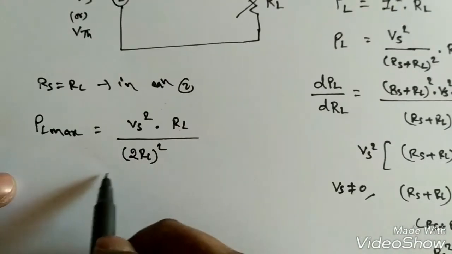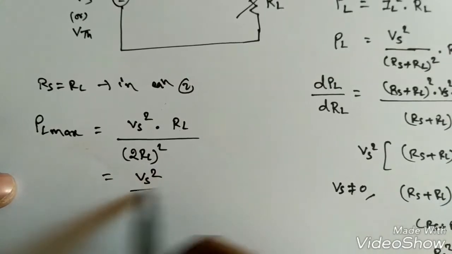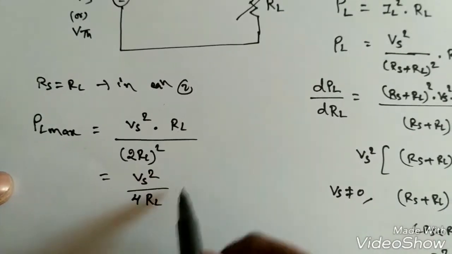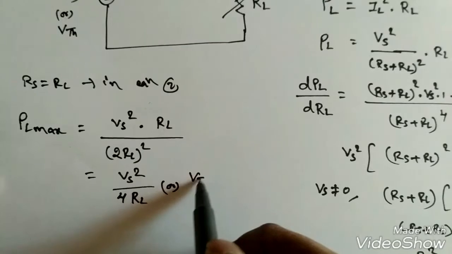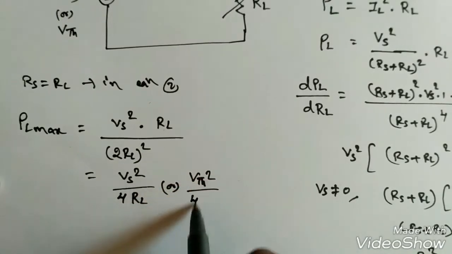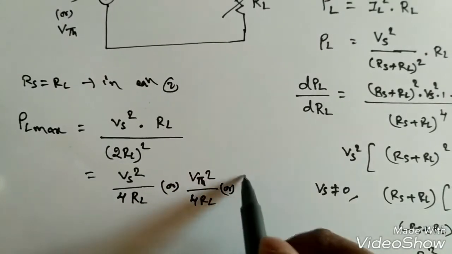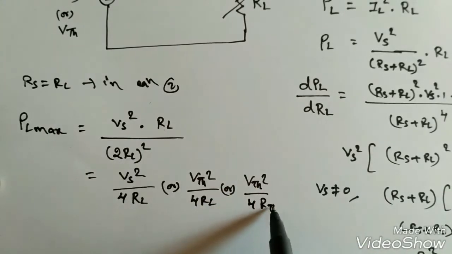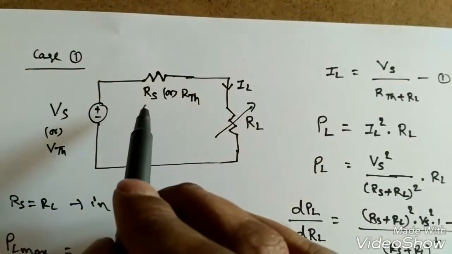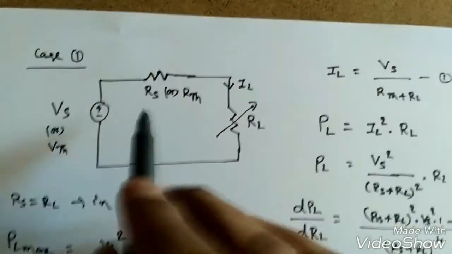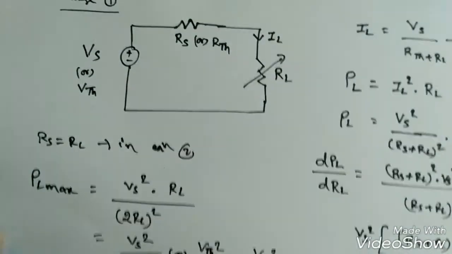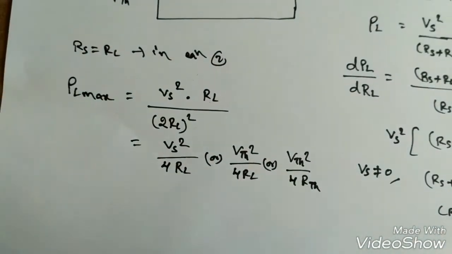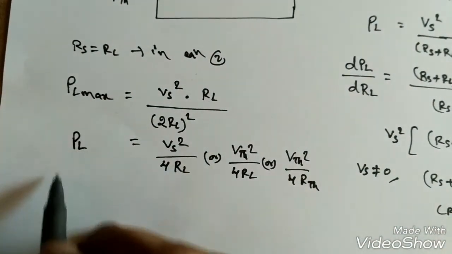So one RL will be cancelled, so it is Vs square by 4RL, or this can also be represented by Vth square by 4RL, or Vth square by 4RS also, or RTh also. So it can be Vs square by 4RS or Vs square by 4RL, whatever, we will get the same values. So this is about the maximum load power.